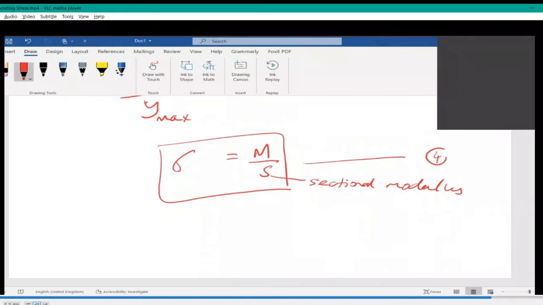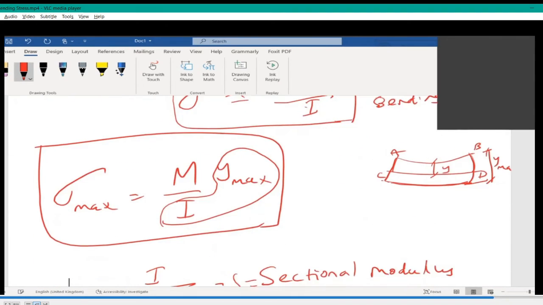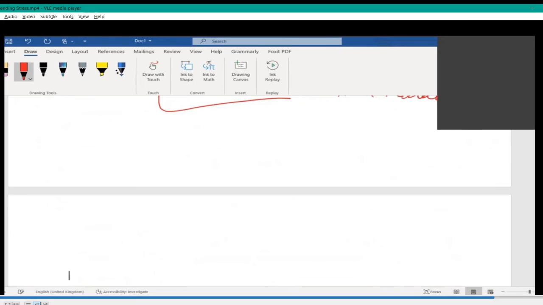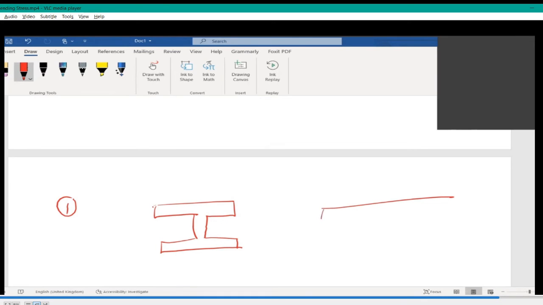Can we now draw the diagram? Let's draw the diagram. Stress distribution diagram. Okay, number 1, I section. Let's draw the I section. If this is the beam member, cut section, say YY.